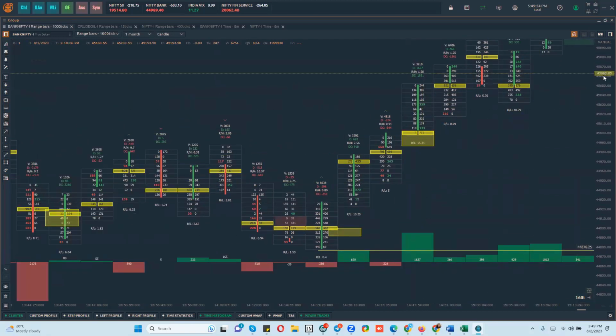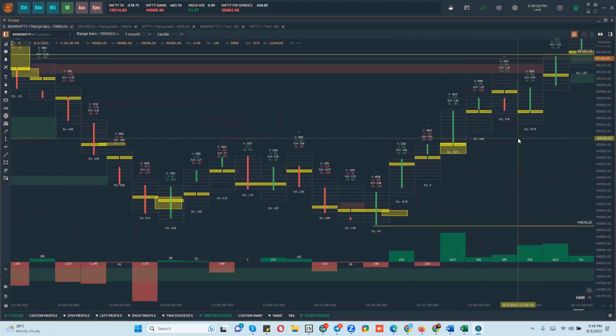So these are the things that you can look at. Basically you can look at the possible limit orders residing at these levels and get an idea. You can identify them even without having to look at the market depth.